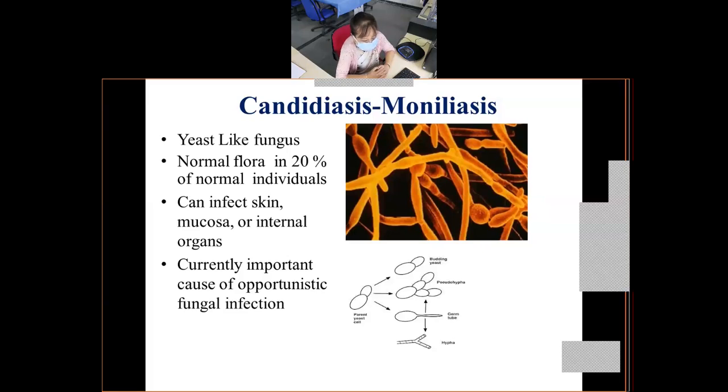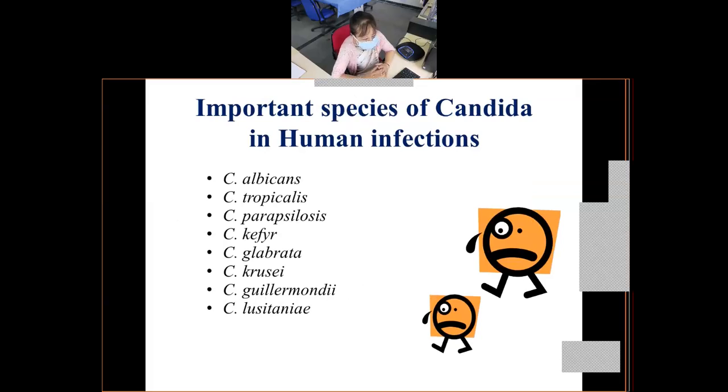But when infection happens in immunocompromised individuals, it can affect the skin and the internal organs. As I've already mentioned, it is one of the currently important causes of opportunistic fungal infection. There are many species of Candida which are known to cause infections.